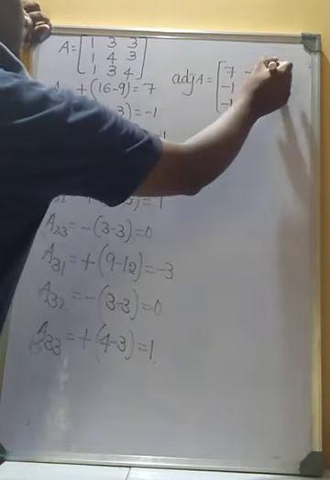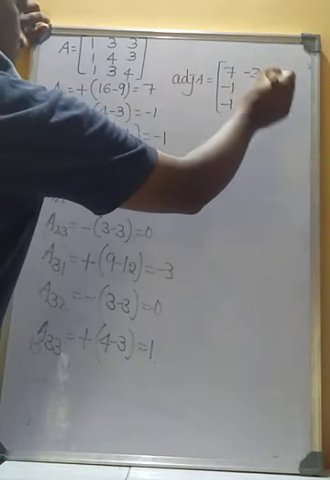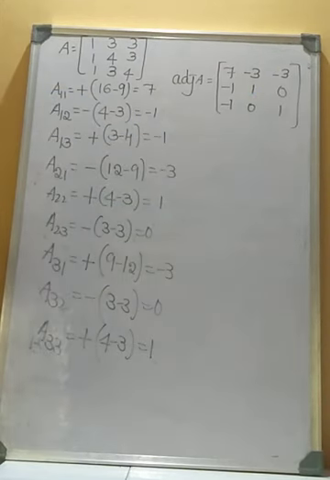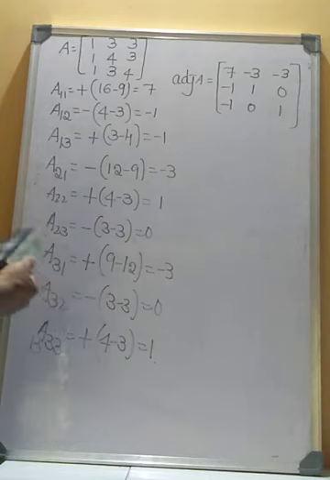Third column: minus 3, 0, 1. So that is adjoint A. The next, find A into adjoint A.